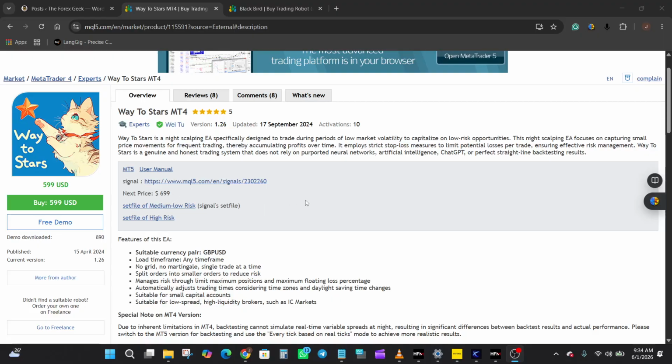According to the description, Way to Stars is a night scalping EA designed to trade during periods of lower market volatility. Now, the idea behind the system is to capture relatively small price movements through frequent trading opportunities while maintaining a structured approach to risk management.